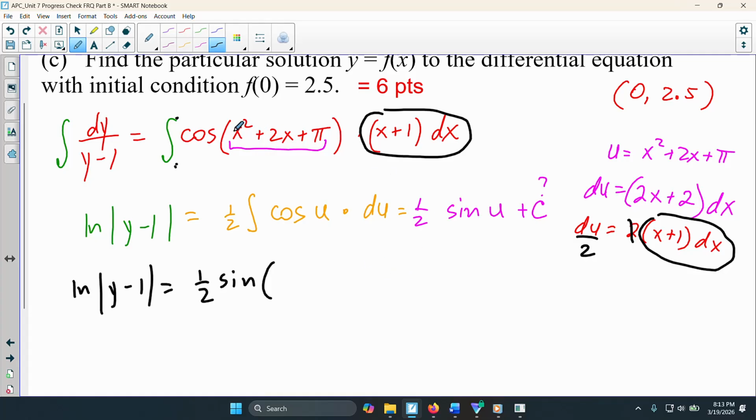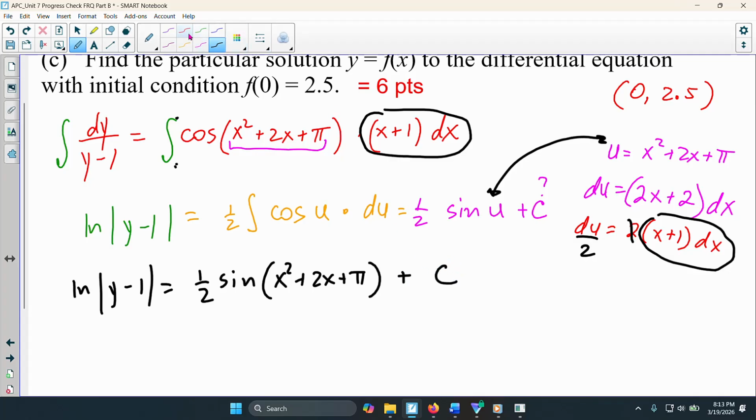Of this whole thing, x squared plus 2x plus pi. U is this. And plus C.